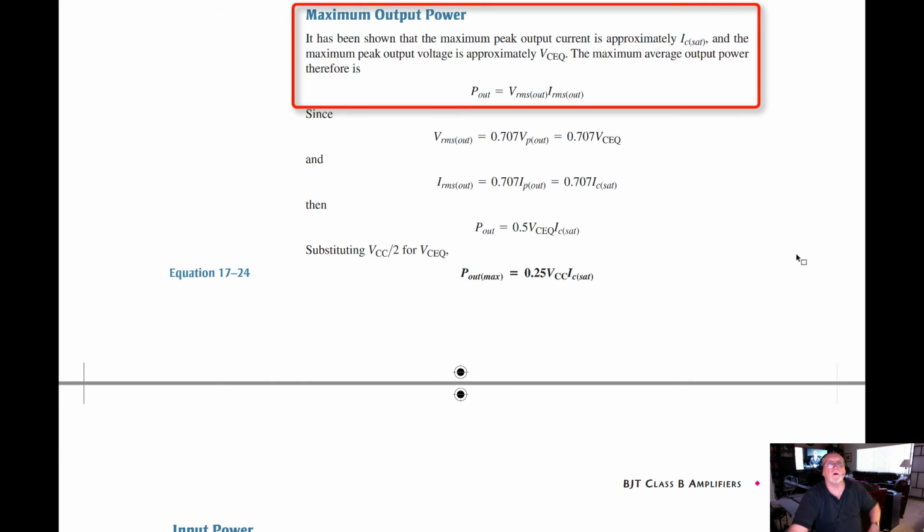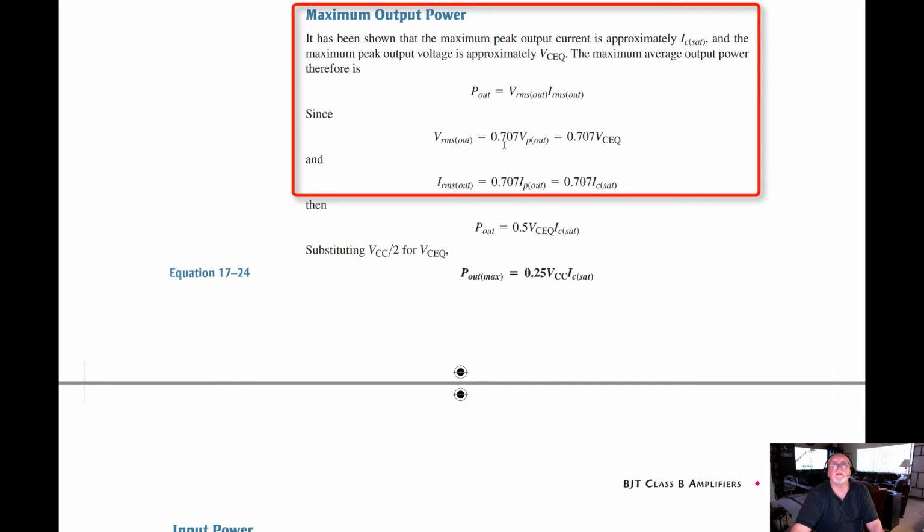Maximum output power. It has been shown that the maximum peak output current is approximately IC sat, and the maximum peak output voltage is approximately VCEQ. The maximum average output power, P out, is therefore equal to VRMS out times IRMS out.